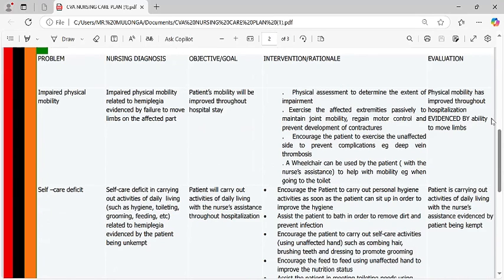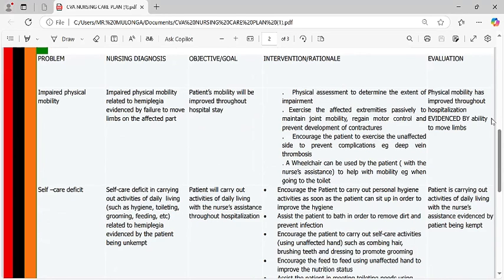Then from there we go to the other point. I will encourage the patient to exercise the unaffected side to prevent complications such as deep vein thrombosis.